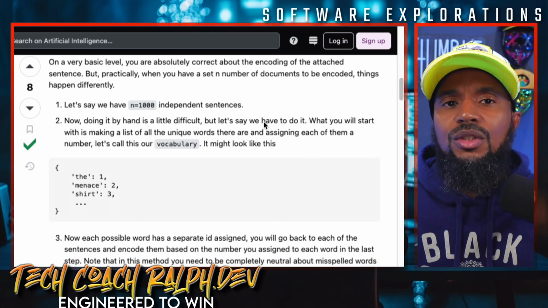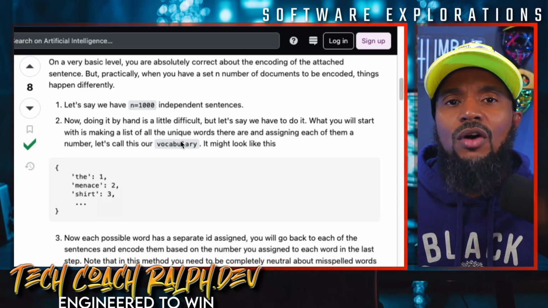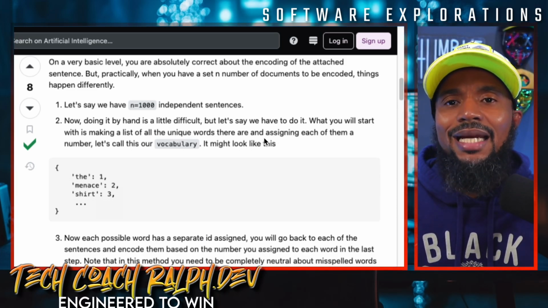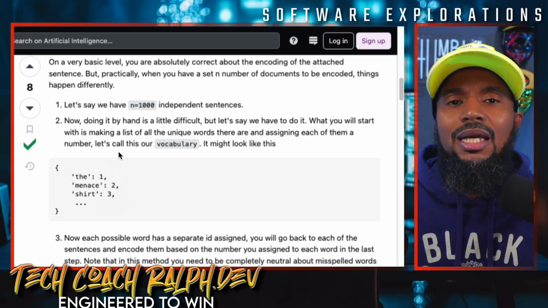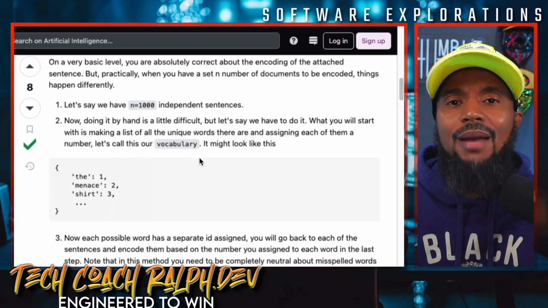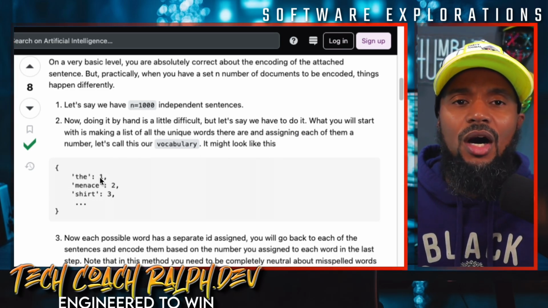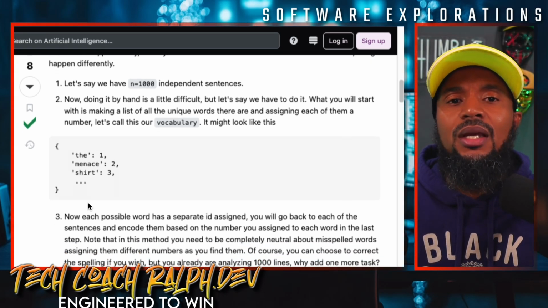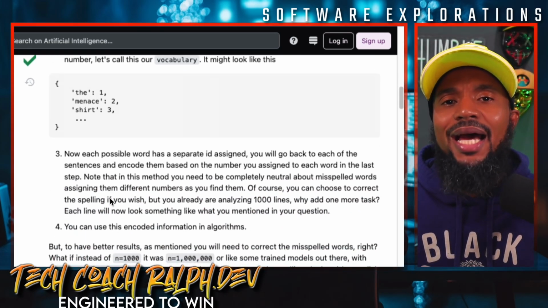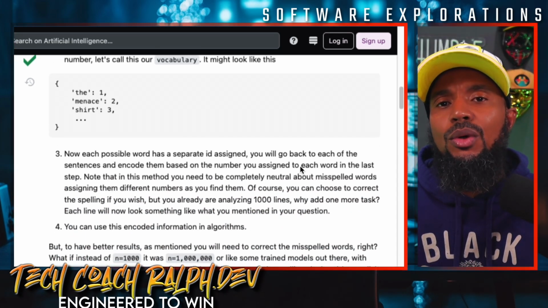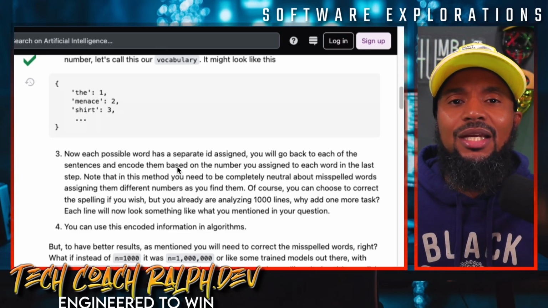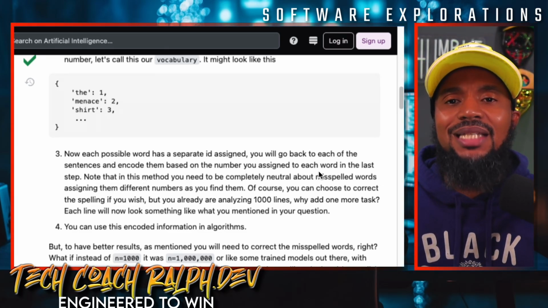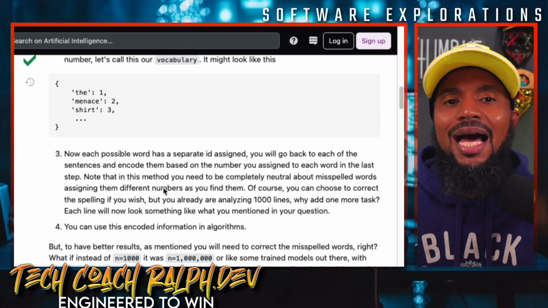What you will start with is making a list of all the unique words there are and assigning each of them a number. Let's call this our vocabulary. It might look like this: the is 1, menace is 2, shirt is 3. Now each possible word has a separate ID assigned. You will go back to each of the sentences and encode them based on the number you assigned to each word in the last step.